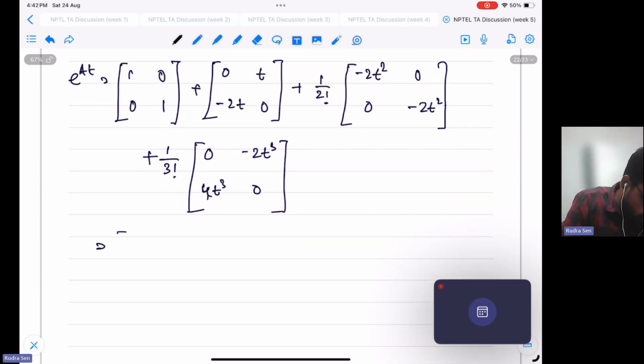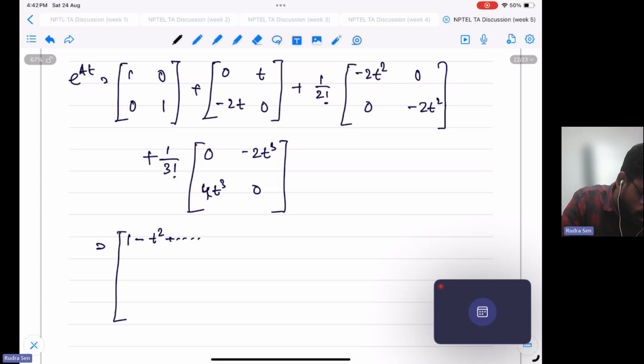So what we get? We get 1 plus 1 by factorial 2 into t squared, sorry, 1 minus t squared, and it is continuing that way.